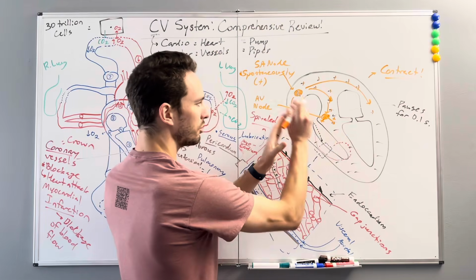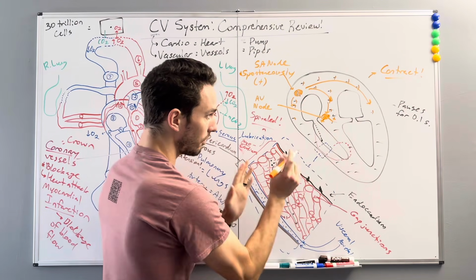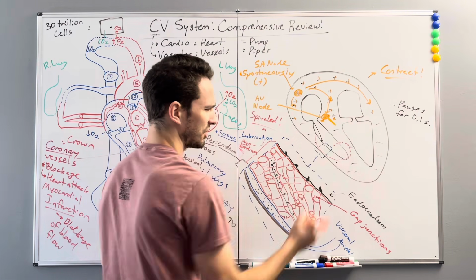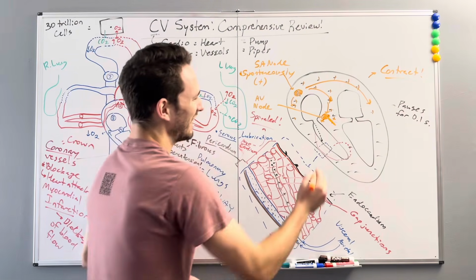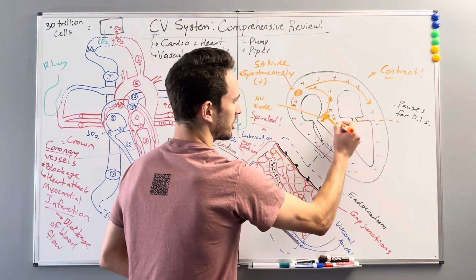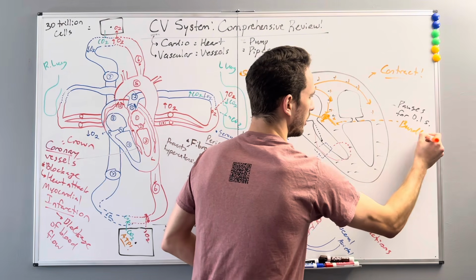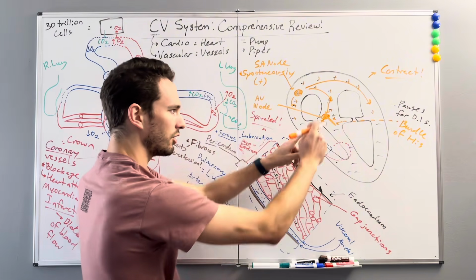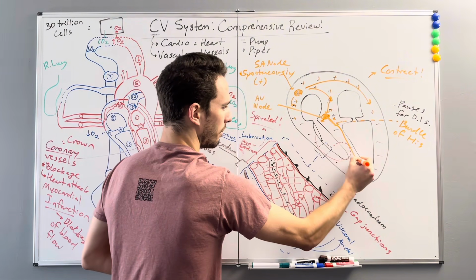And once the AV node sends its signal, it's going to go through a few different structures you need to know. So the first one is going to be called the bundle of His. It's very strange. Even if you are a female, you still have a bundle of His, okay? So that is that little branch coming off of the AV node. I'll write that down, bundle of His. But then it's going to branch off and go to the two different parts of the heart. So then we call these the bundle branches.